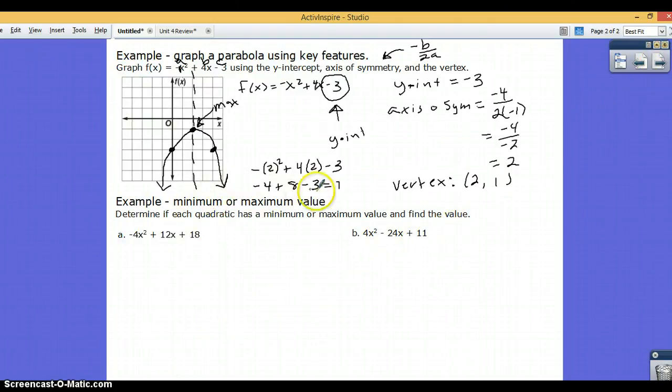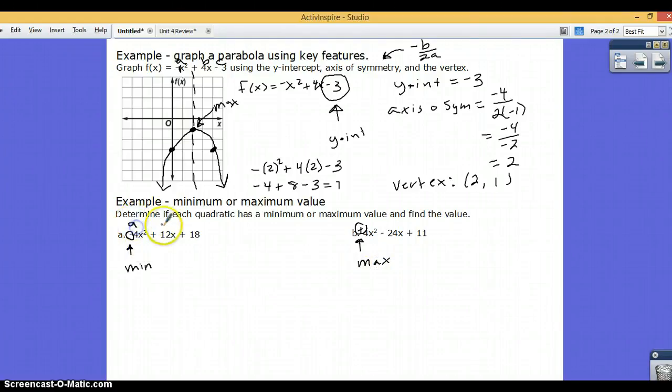Alright, so minimum or maximum value. Determine if each quadratic has a minimum or maximum value and find the value. So the negative there tells me that it's got a maximum. Since this one here is positive, that tells me it's got a minimum. Now we need to find the value. We have to find x first.